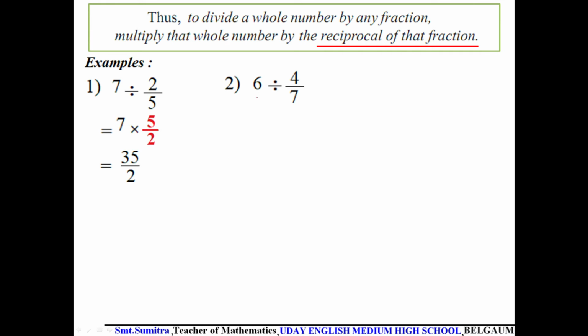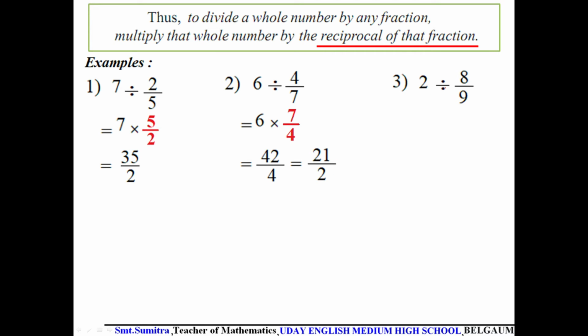Similarly, 6 divided by 4 by 7. 6 into, please observe this, multiplication, and the reciprocal of 4 by 7 is 7 by 4. Multiply, 6 7s are 42 divided by 4 as it is, 2 21s are 42, so 21 divided by 2.